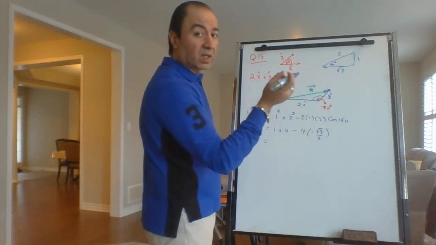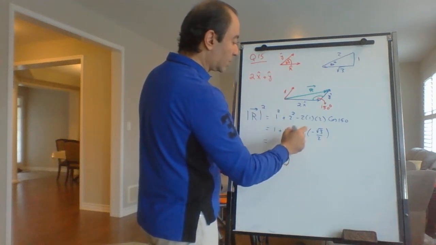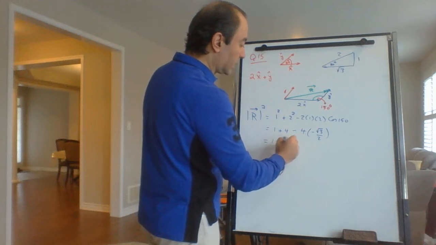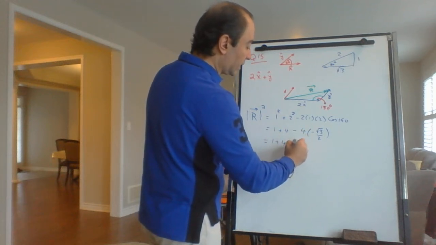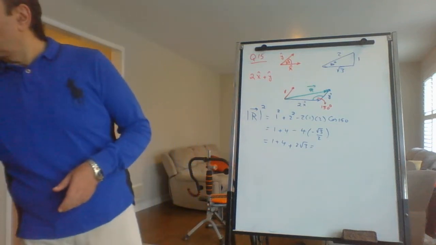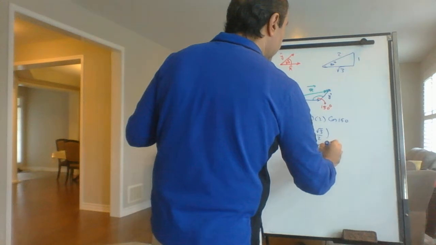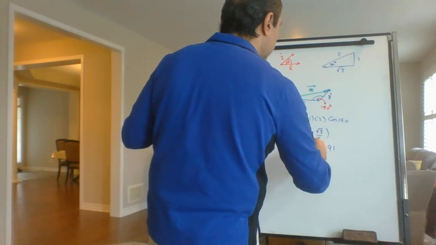If you don't know, use your calculator. Okay, so 1 plus 4 plus 2 radical 3. Use your calculator, you will end up with approximately 2.91.